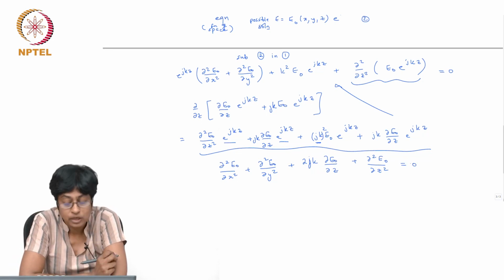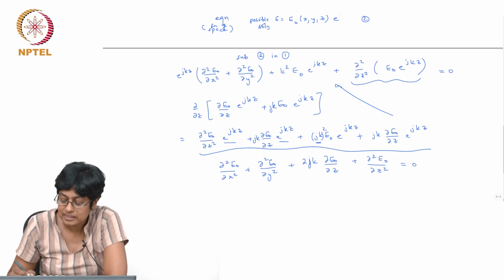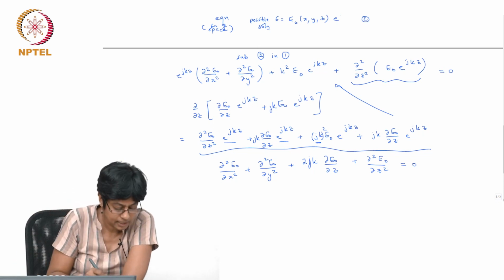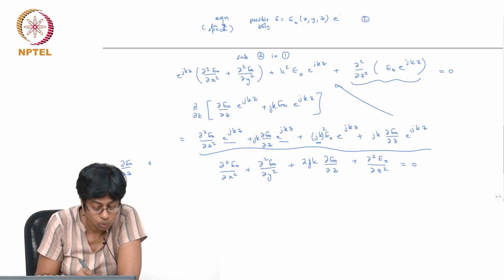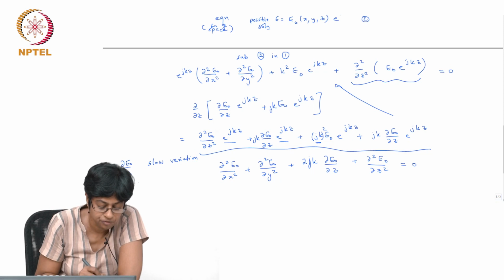And again, I could go back to my variations for this wave and say, well, we are saying ∂E0/∂z is a slow variation. So again, I'm taking into account the fact that the variables x and y are much less than z.